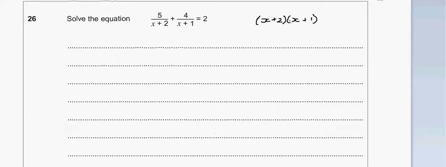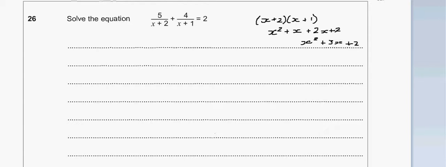Okay, now x times x gives me x squared, x times 1 gives me x, 2 times x gives me 2x, and 2 times 1 gives me 2. So this can be simplified, so I have x squared plus 3x plus 2. Okay, so that's my common denominator.